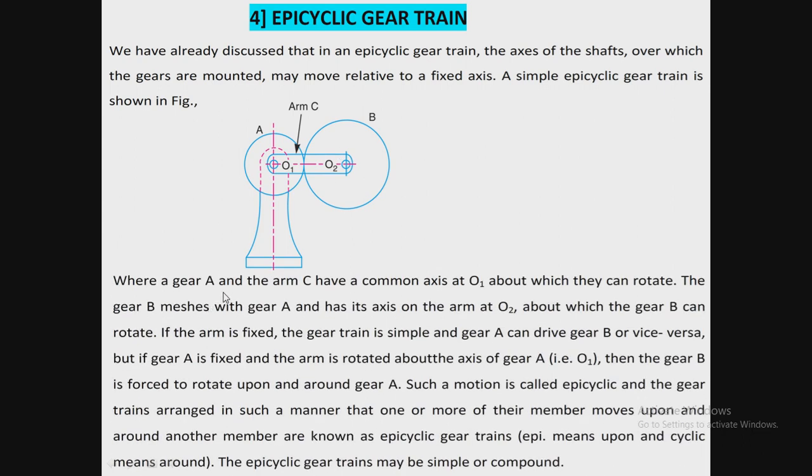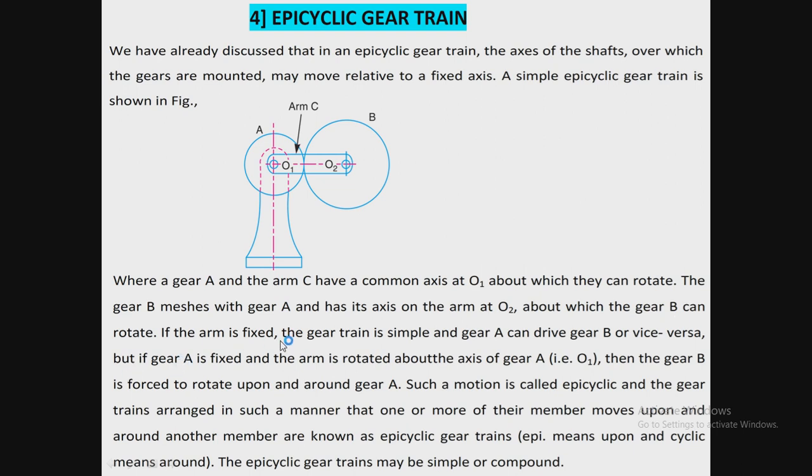Gear A and arm C have a common axis O1 about which they can rotate. B meshes with gear A and has its axis on the arm at O2, about which gear B can rotate.